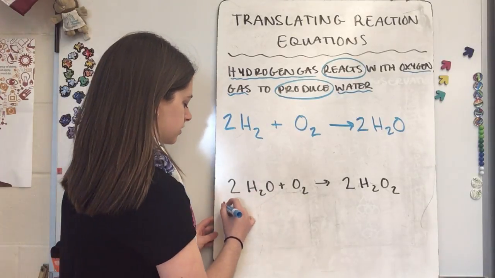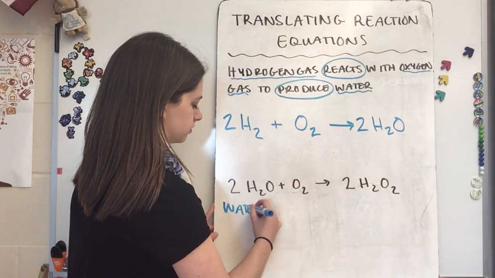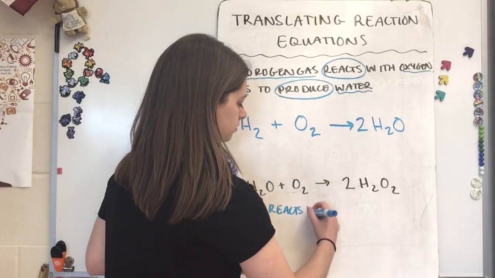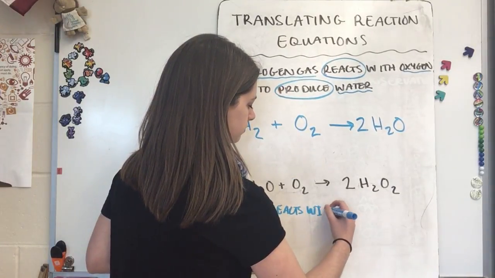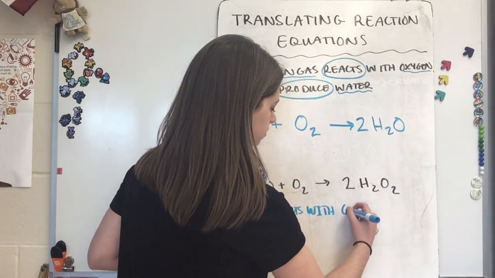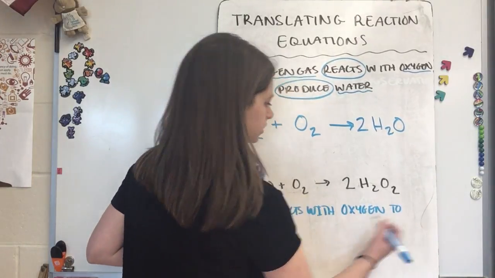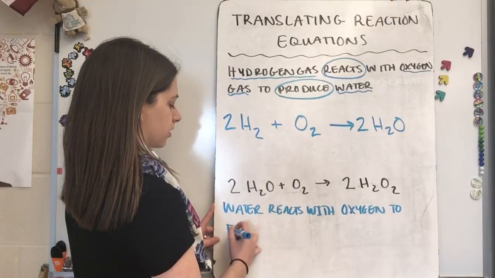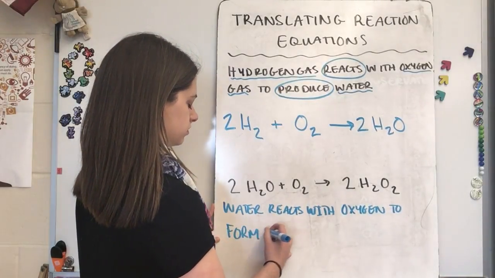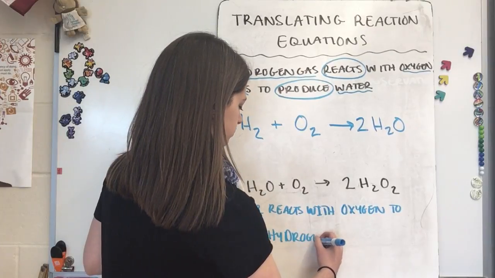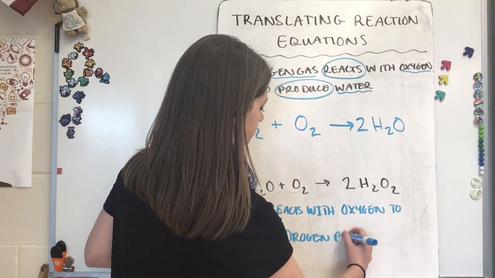We can just write this as water reacts with oxygen. Just to mix it up, I'm going to say to form instead of to produce hydrogen peroxide.